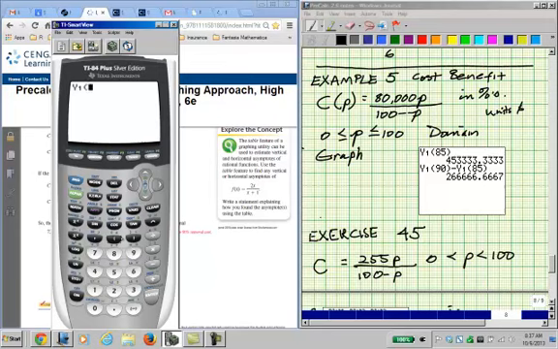Now I put in 90, so this will give me y1 for 90%, okay, 720. And I can do y1 for 85%, okay, 453.